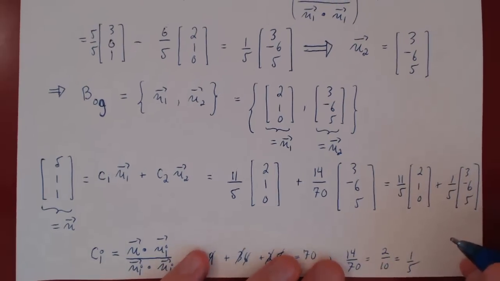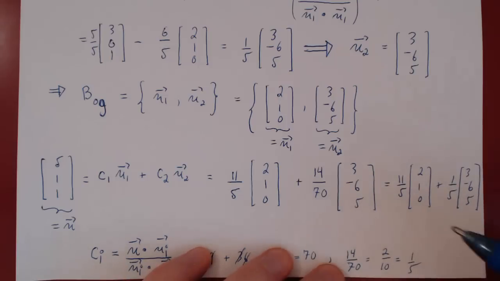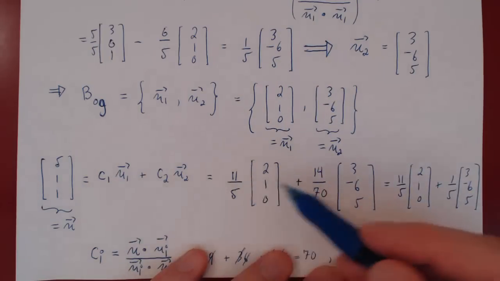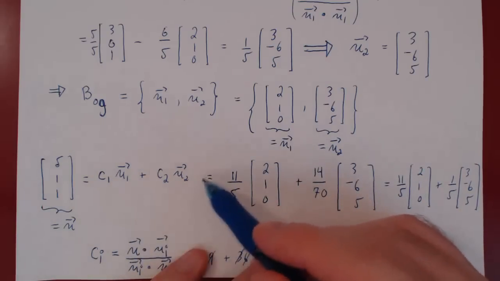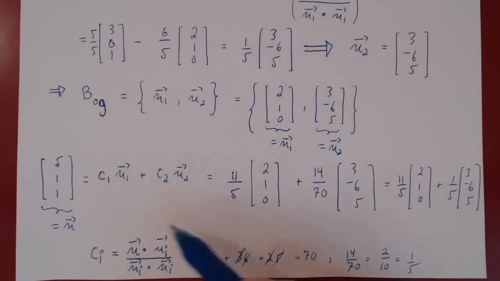And just for good measure, let's verify that this will indeed give us vector u. But the idea is, because we had an orthogonal basis, we were able to find the coefficients of the linear combination expressing the vector u without solving a linear system, just with the help of the shortcut formula with the dot product giving us the coefficients.